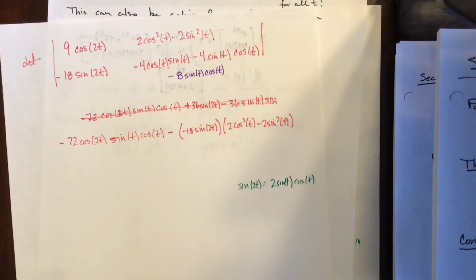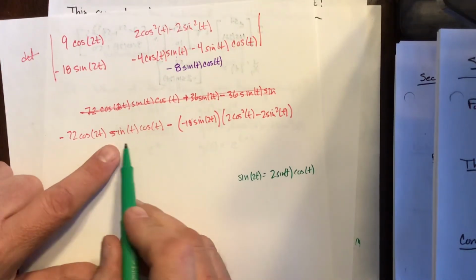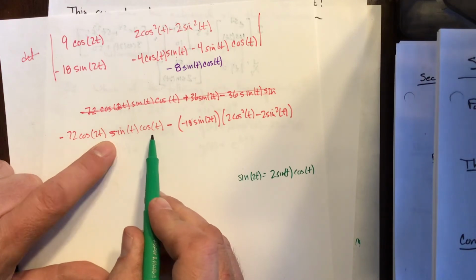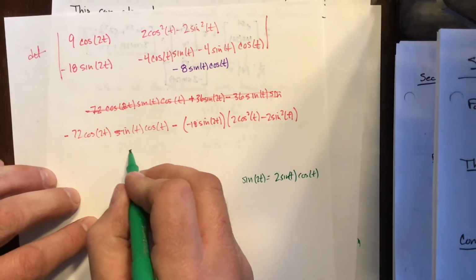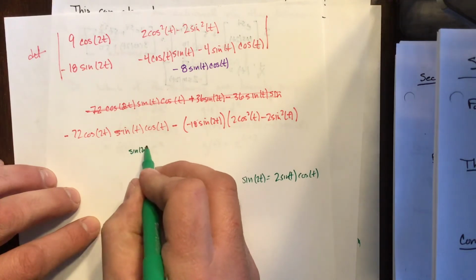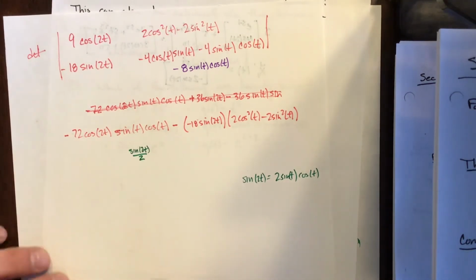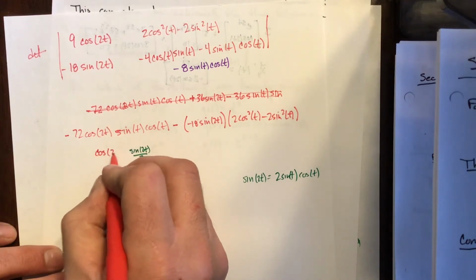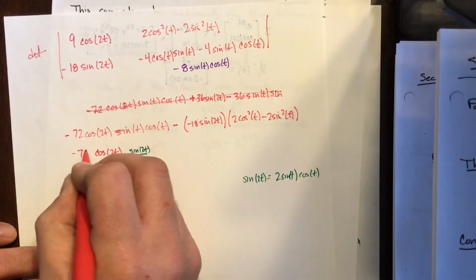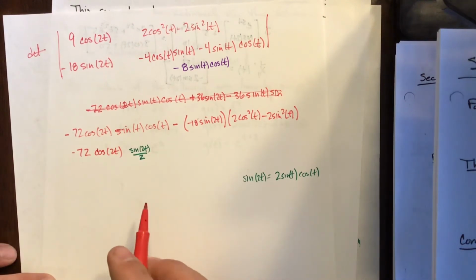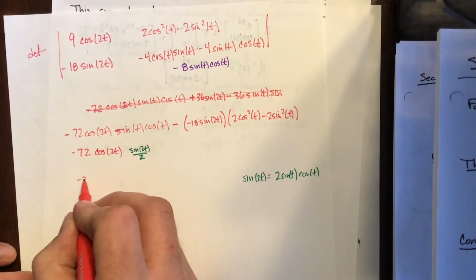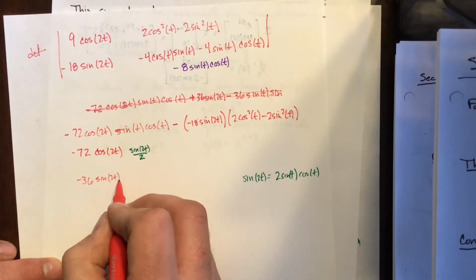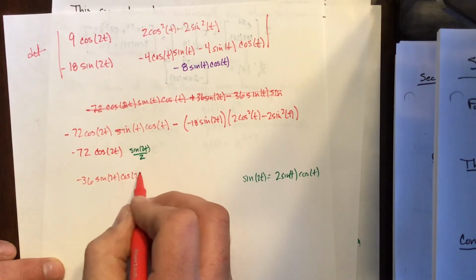So if I were to use that, the sine of t cosine t is equal to the sine of 2t over 2. So I'm multiplying that by cosine 2t, multiplying that by negative 72, and what I end up getting is negative 36 sine 2t cosine 2t.